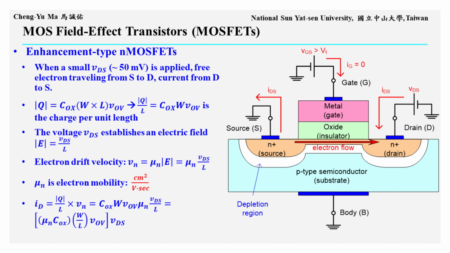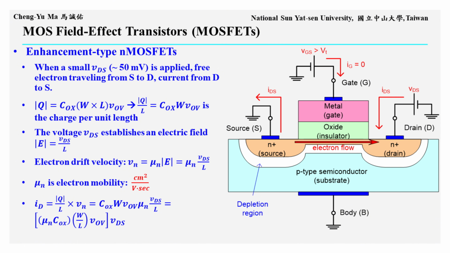When a small drain-to-source voltage V_DS, about 50 millivolts, is applied, electrons travel from source to drain, while conventional current flows from drain to source. The total channel charge is |Q| equals C_ox times W times L times V_OV, so the charge per unit channel length is |Q| over L equal to C_ox times W times V_OV.